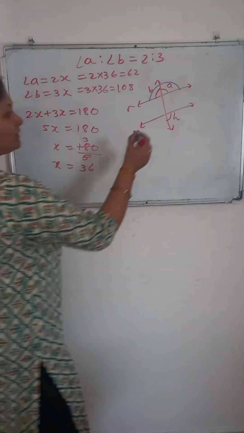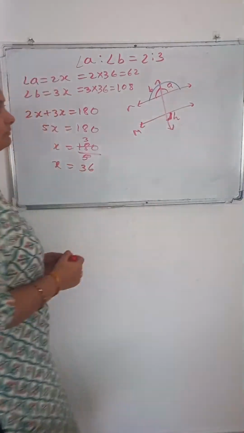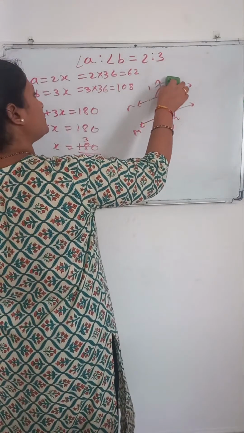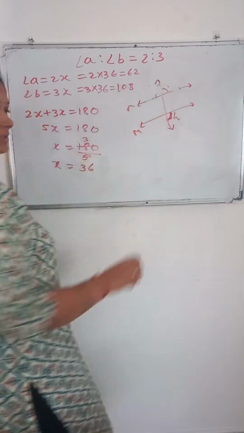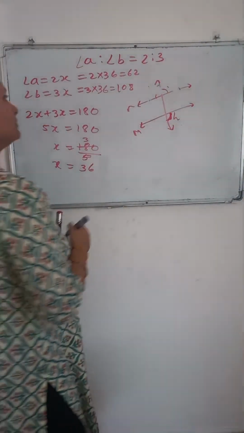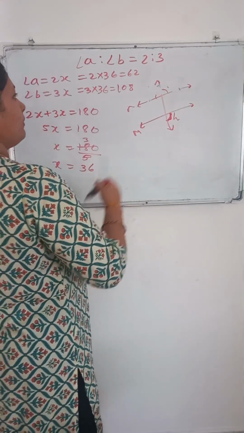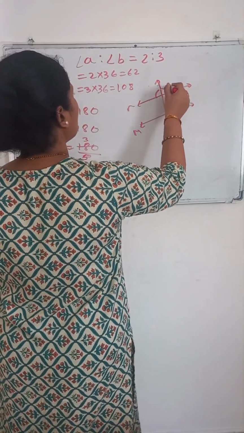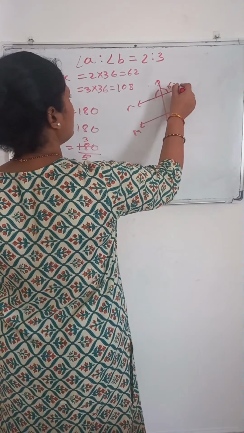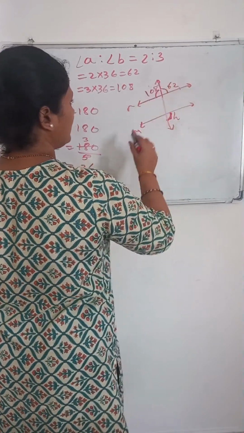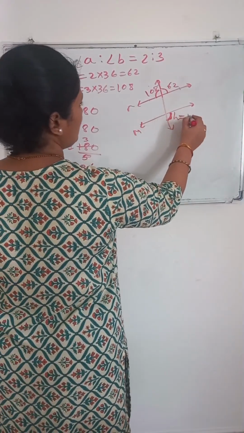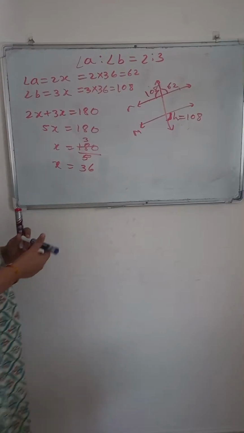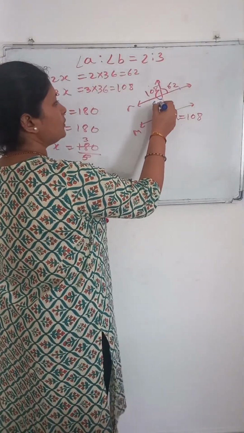So now they are asking us the value for H. How can we calculate H? Now see, we learned this in 8th standard also. What are they? Alternate exterior angles. So I got A as 72, and this as 108. So H is equal to how much? 108 only, no? Why? Because this is 72, vertically opposite.